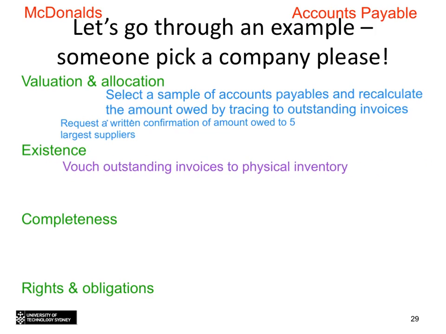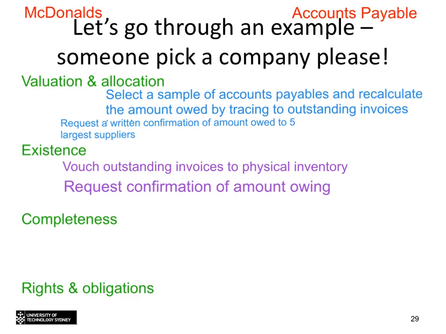All right, so there's one. Let me come up with another one. We could request confirmation of amount owing. So that same confirmation that I used above, even just if the supplier writes back saying, yes, we're owed money, that's proof that they exist.